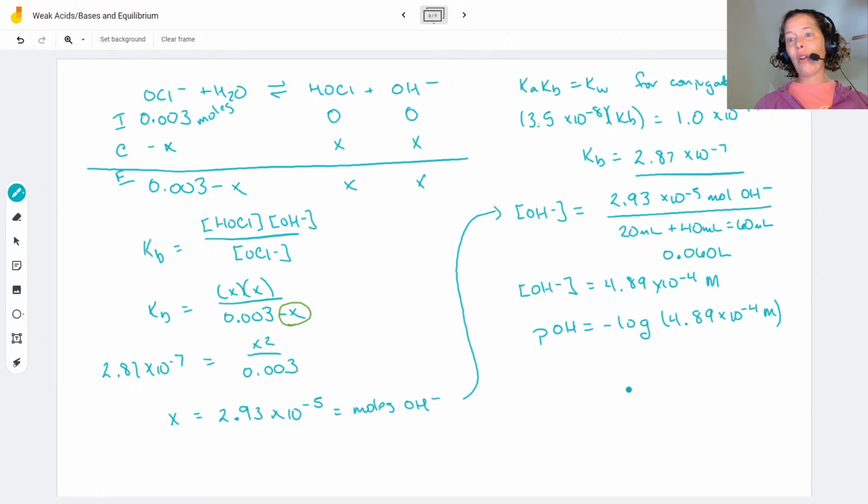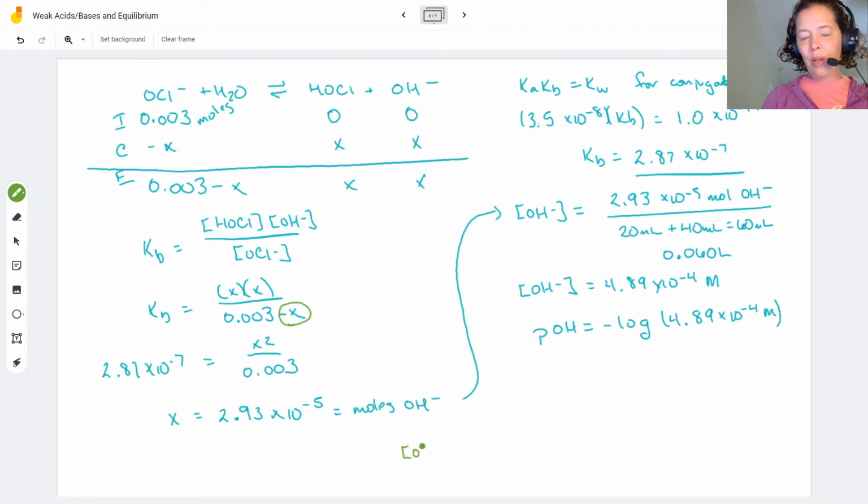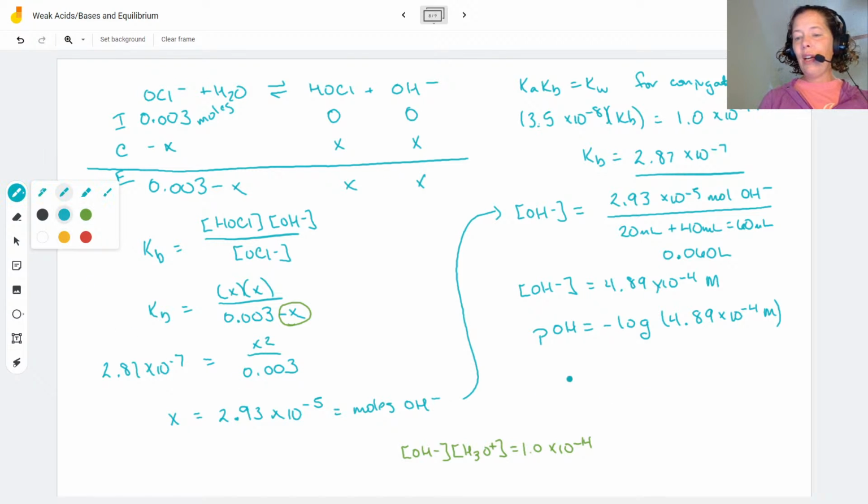You could also take your concentration of hydroxide and convert it straight into concentration of hydronium. I'll write this over here because remember, your concentration of hydroxide times your concentration of hydronium equals 1 times 10 to the negative 14th. So just FYI, you don't always have to do it this way. Do it whichever way makes the most sense to you, whichever way you like doing it.